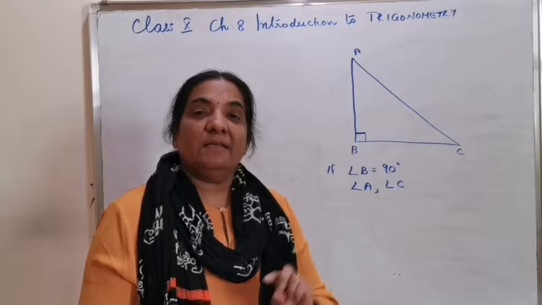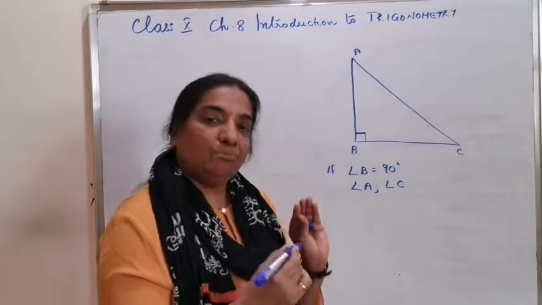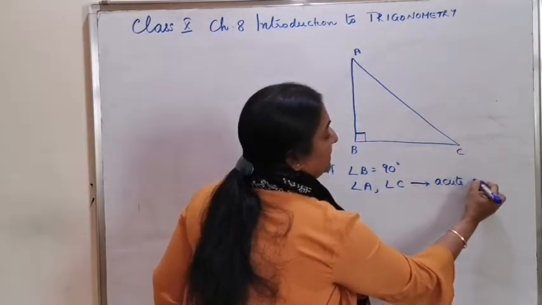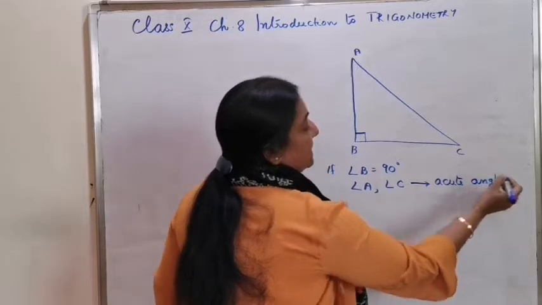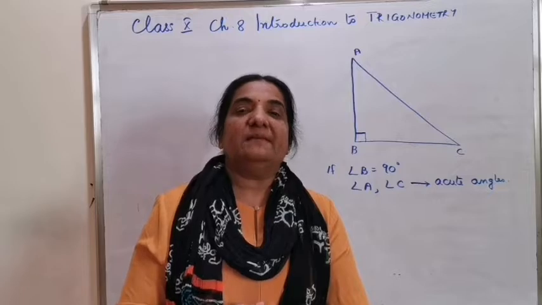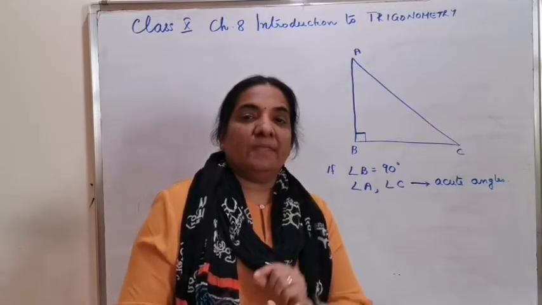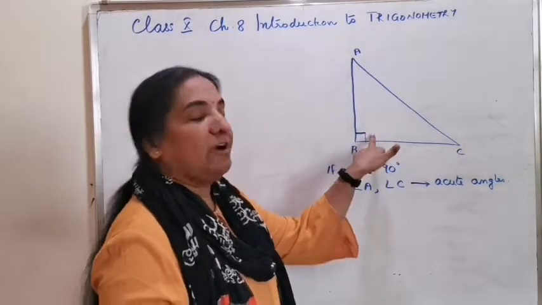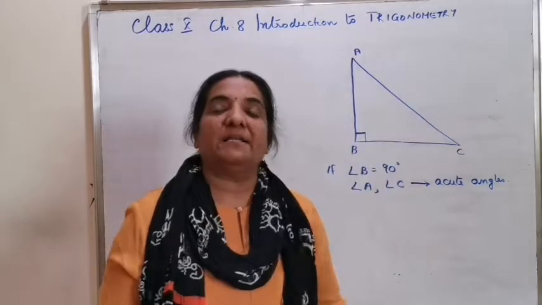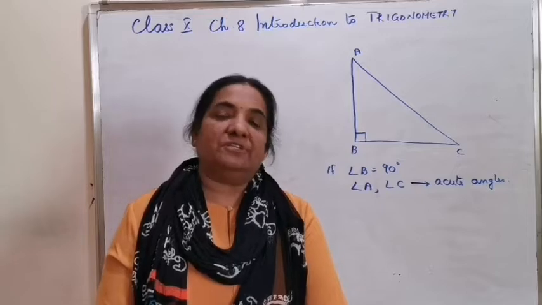They will be summing up to 90 degrees, which means that both A and C will be acute angles. That means the measure of angle A and angle C will always be less than 90 degrees each. So, in a right triangle, if one angle is 90 degrees, definitely the other two angles will be acute because of the angle sum property of a triangle.